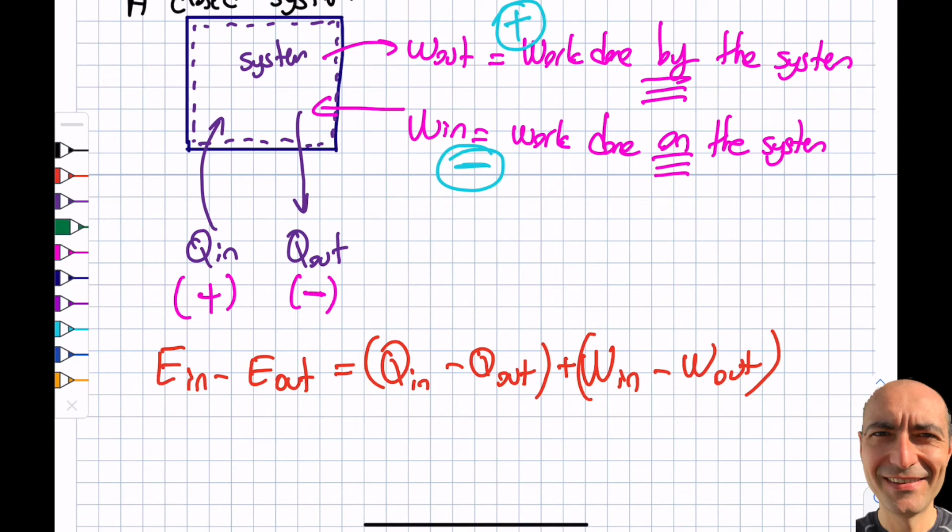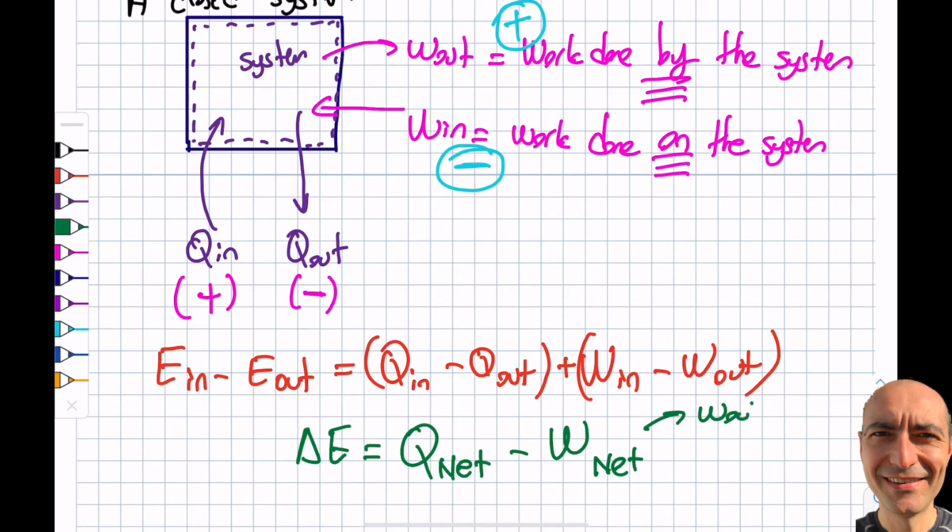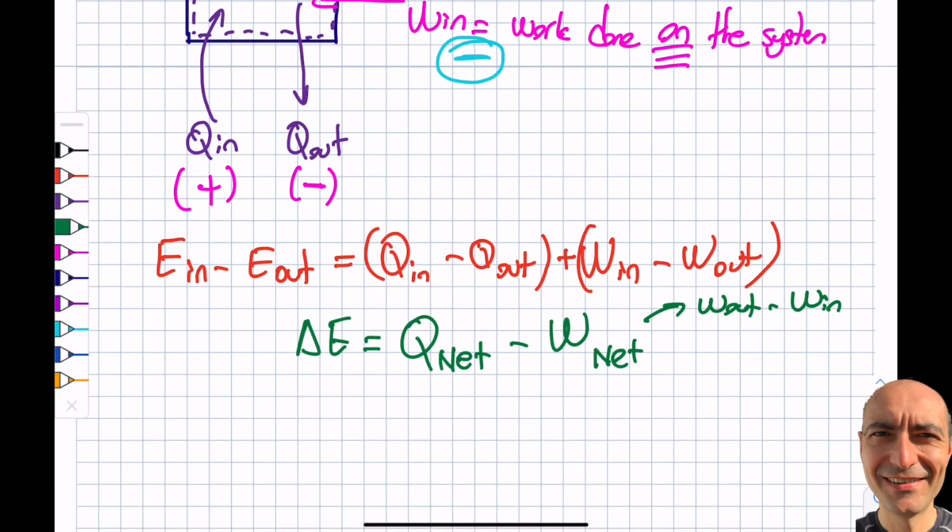So if I write this way, and we use this in fluid mechanics this way as well, Q net minus W net, you can see over here what is happening. This W net is defined as basically work out minus work in, isn't it? Because if you put a negative, you get that equation.